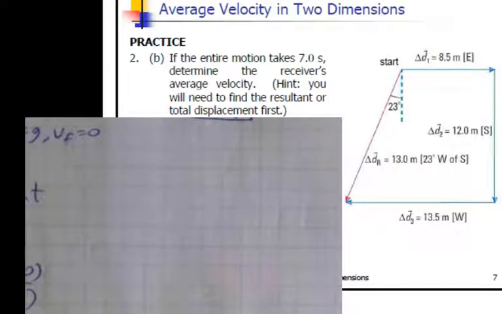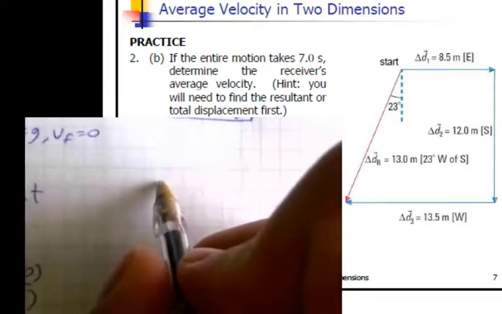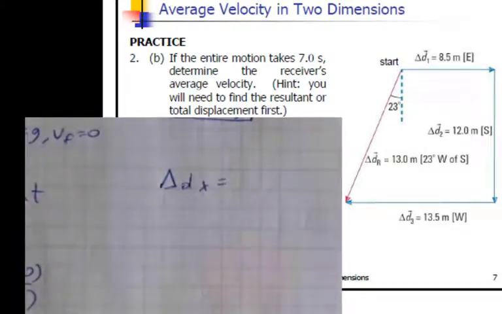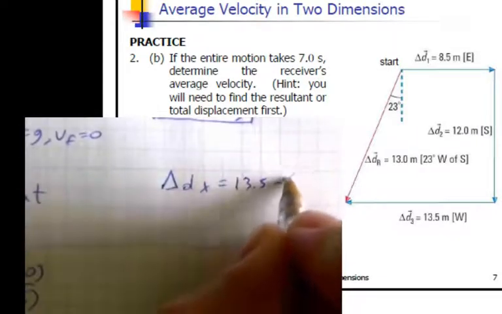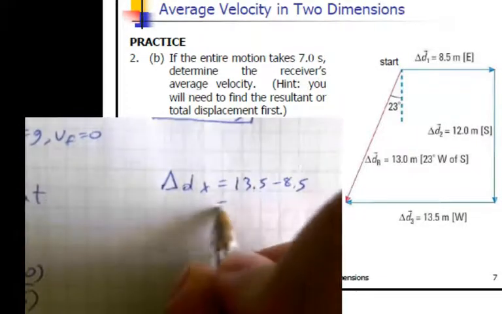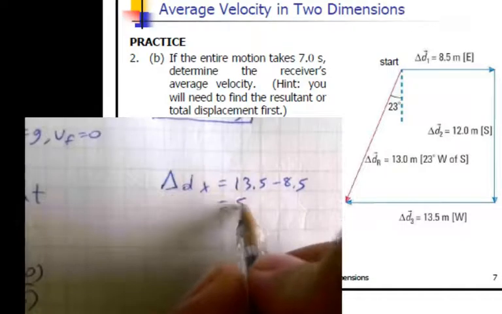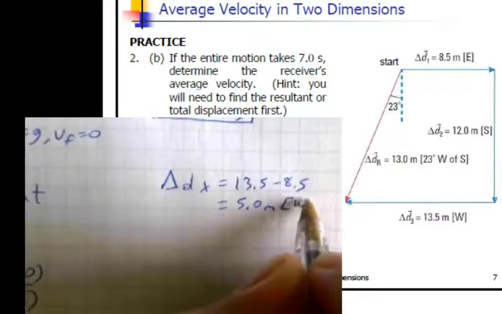Let's first figure out what his displacement is in the x direction. So he goes 8.5 east, 13.5 west. So 13.5 minus 8.5 gets us to a total displacement of 5.0 meters in the west direction.